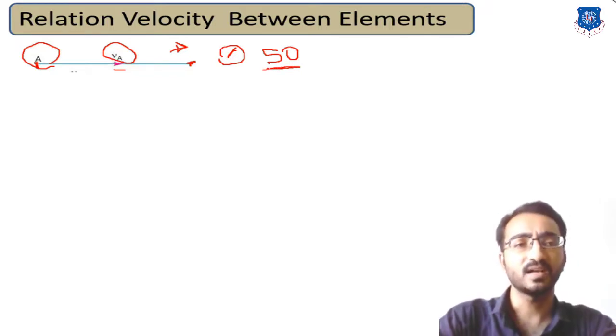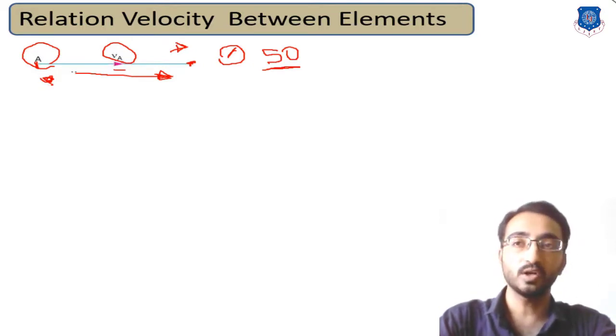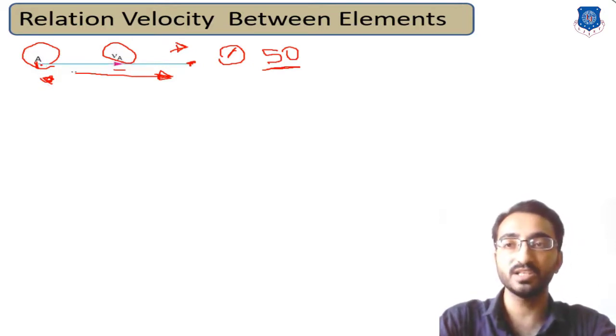With reference to what? How will you measure this 50? If you are measuring the displacement of a body, you have to identify a certain point as your fixation, or reference.